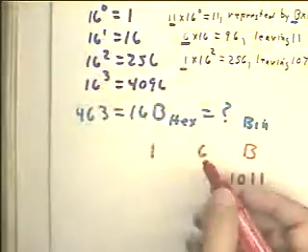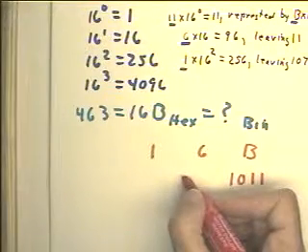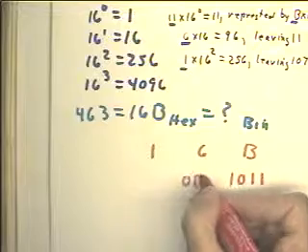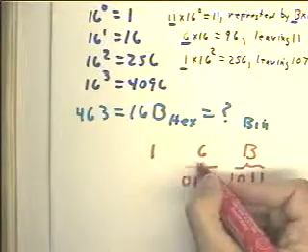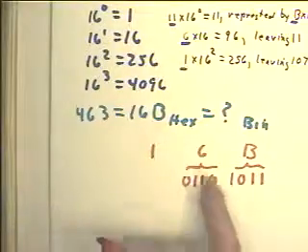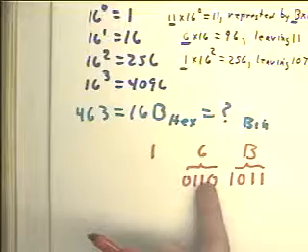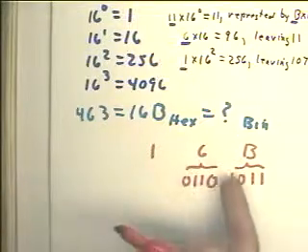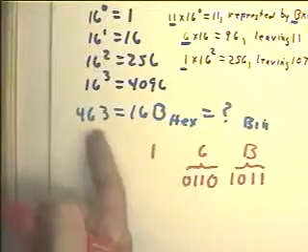The 6 can be written in binary form as 0110. So if we just convert each digit of the hexadecimal to binary form, we're going to build up the binary form of the original number.